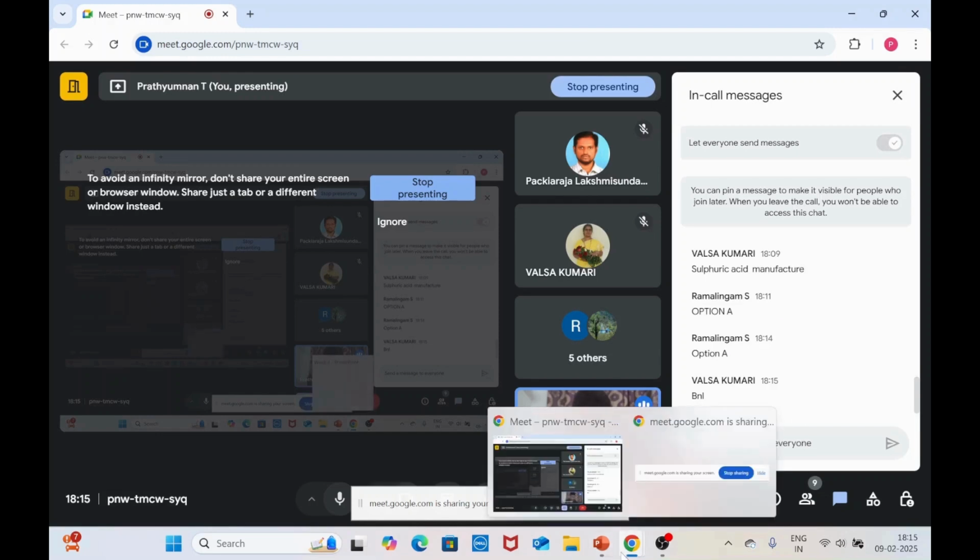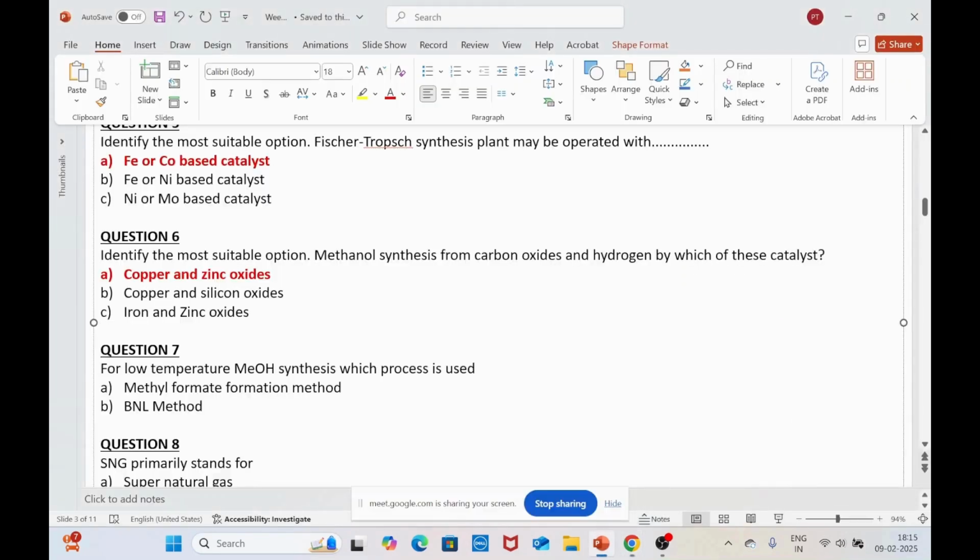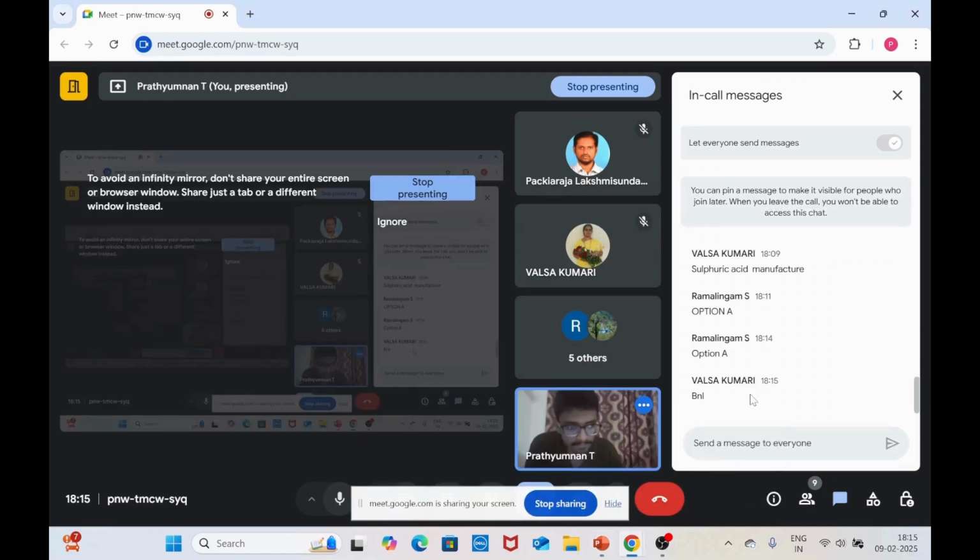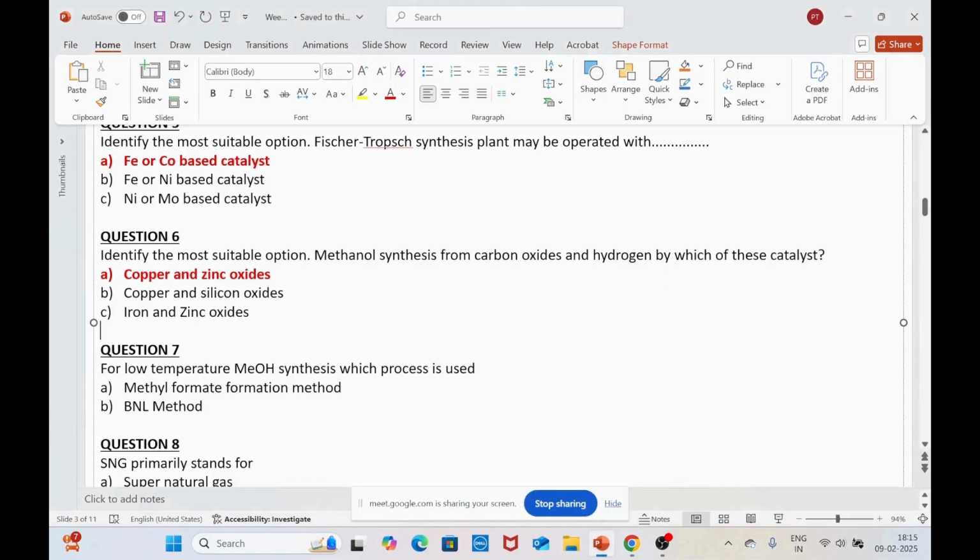BNL, yes, one person has answered. Any other answers for low temperature methanol synthesis? Which process is used? A, methyl formate formation method. B, BNL method. Which one is correct here?